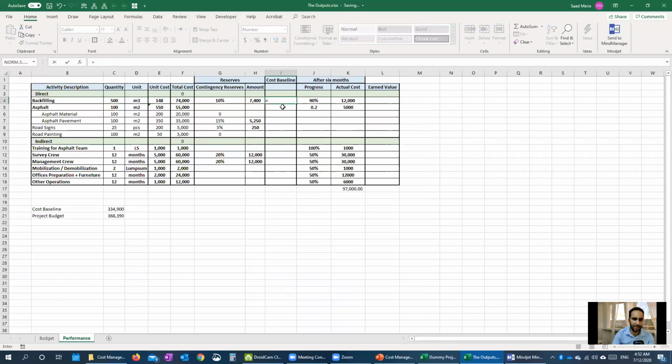So in this case, it is this plus this. And the cost baseline will be the sum of all.